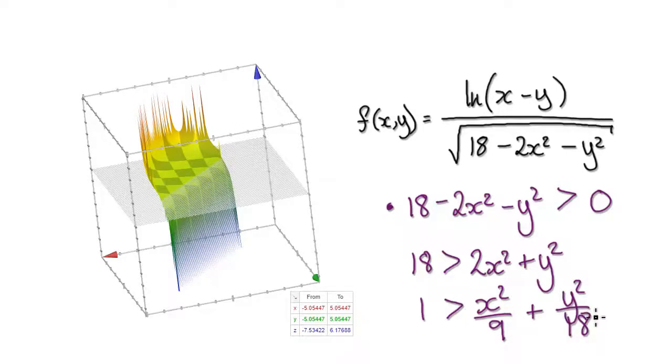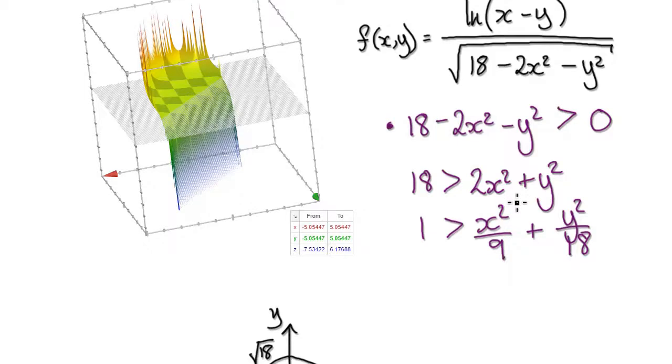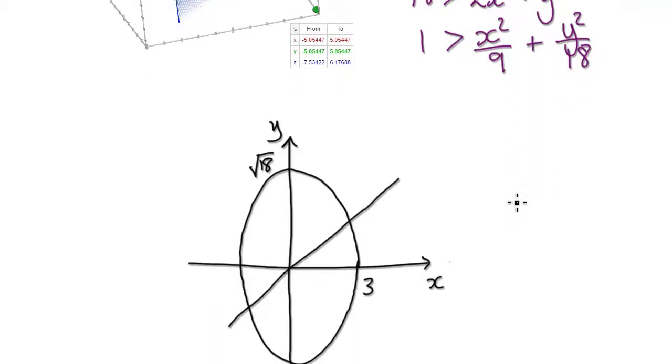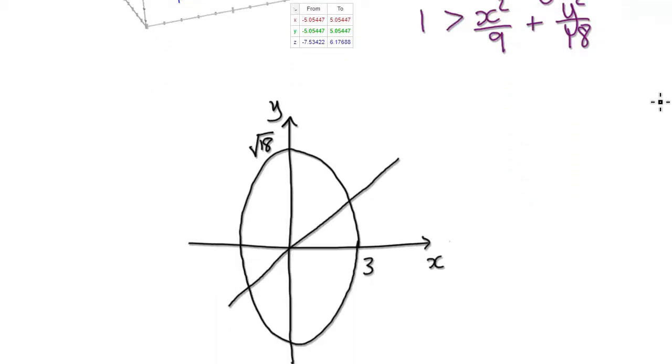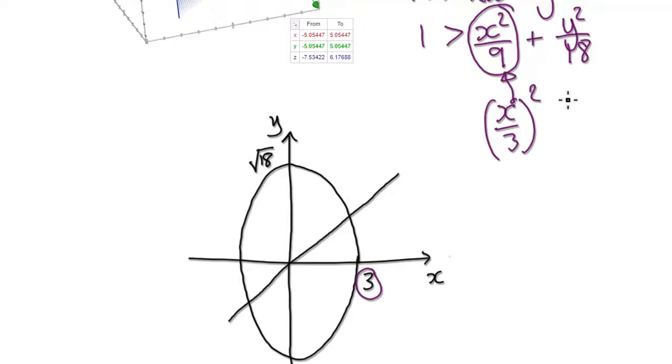By now you should be able to see that this is an ellipse. So in your mind, sketch this. Looking at this, it is going to be squeezed in the x direction. So this will be 3 because of this, and this here will be square root 18.